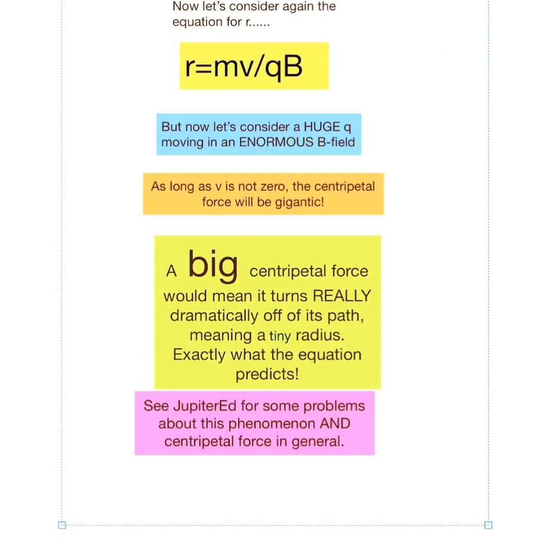So now let's consider again the equation for r. r equals mv over qB. If you would consider an enormous charge moving in an enormous B field, as long as v is not zero, the centripetal force will be gigantic, and a big centripetal force would mean it turns in really dramatically off of its original straight path, meaning a tiny, tiny radius, which is exactly what the equation predicts.